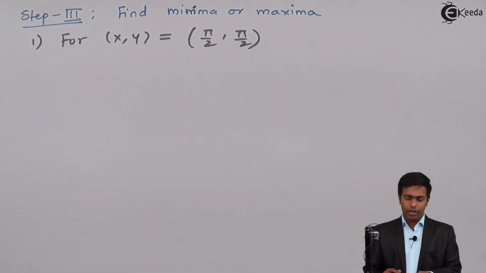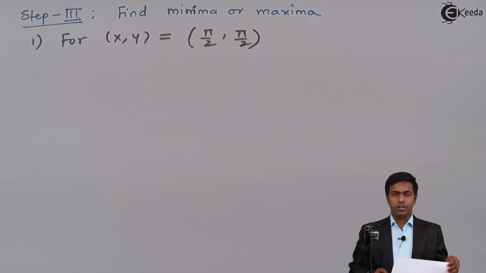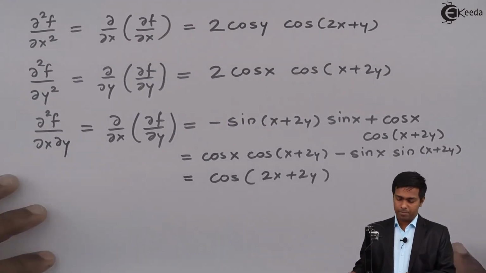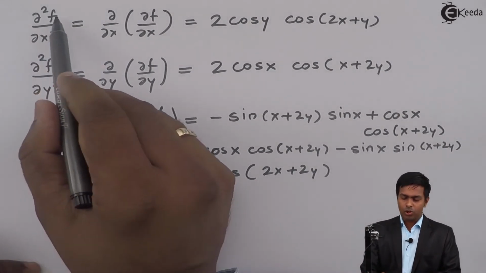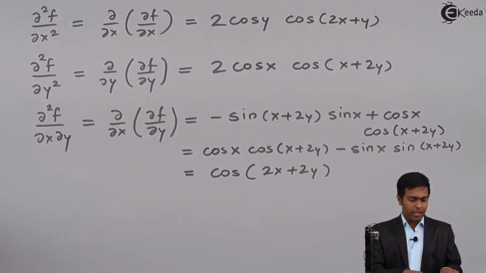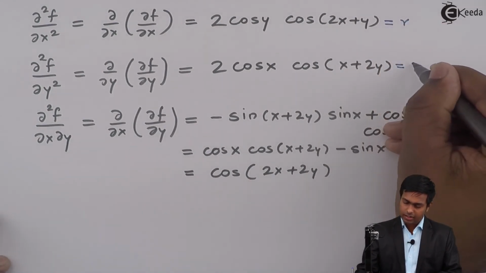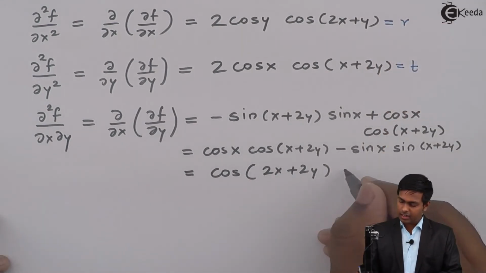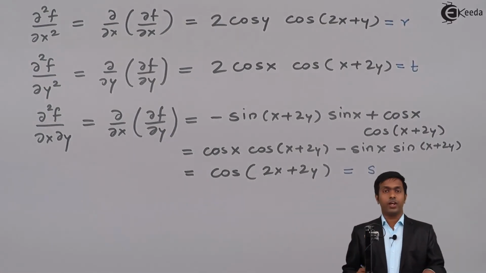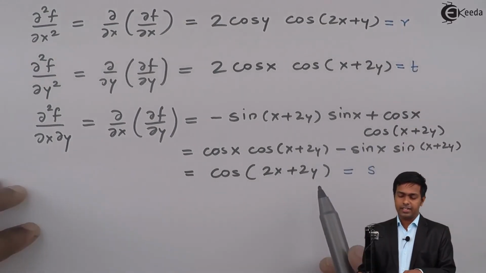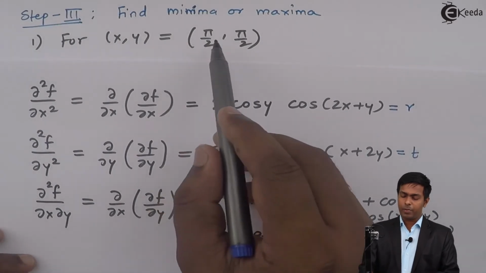Now at this point we'll find out the value of this dou square f by dou x square. For time being I'll call this as r, I'll call this as t, and this is our s. So we'll find out the value of r, t and s for the stationary point pi by 2 comma pi by 2.